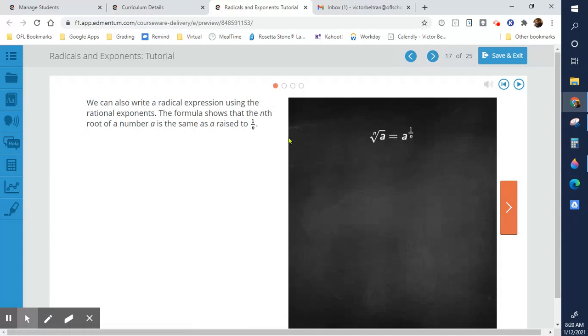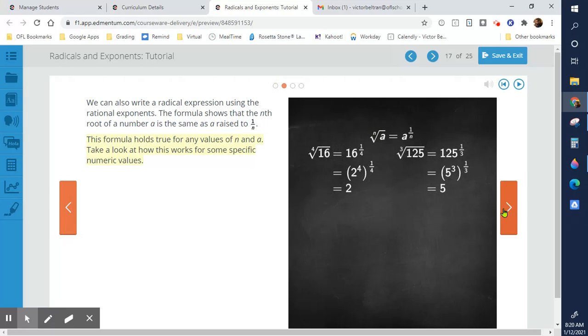And as I mentioned before, you can just write it with the denominator. Whatever the root is here, that's the denominator. So if you're writing something like the fourth root of 16, you can rewrite this in a way.